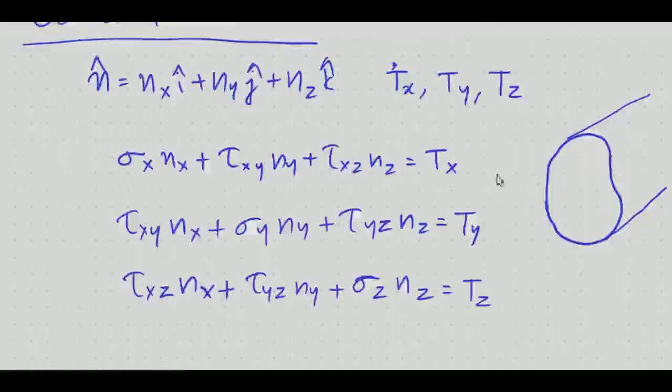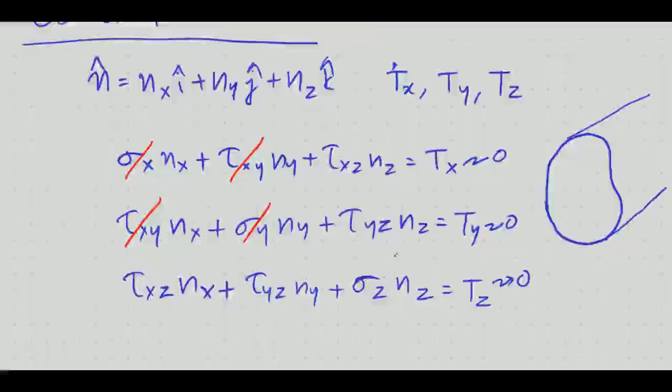So tx, ty and tz are 0. We also know that sigma x is 0, tau xy is 0, sigma y is 0. So these first two equations are identically satisfied. The only equation left is the third, and here sigma z is 0.